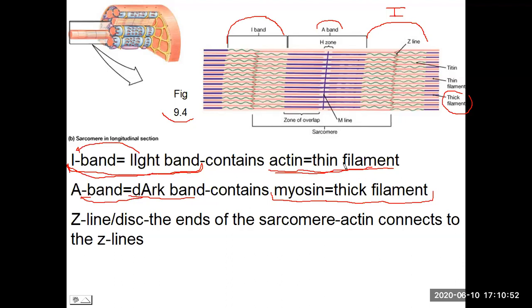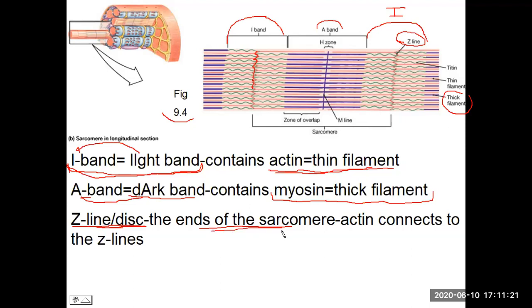The border of the sarcomere, right at the edge of the sarcomere, appears here as kind of a zigzag line, that is known as either a Z line or Z disc. Again, all of these terms can be interchanged here. This is the border of the sarcomere. This is where one sarcomere is connected to its neighbor, at the Z disc.